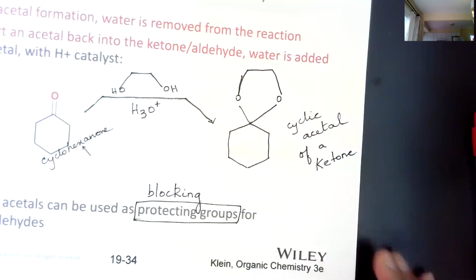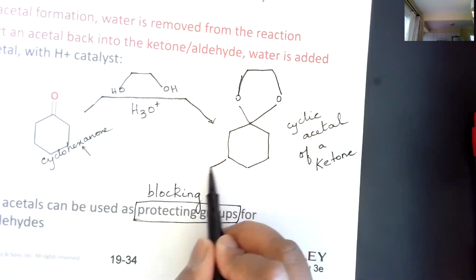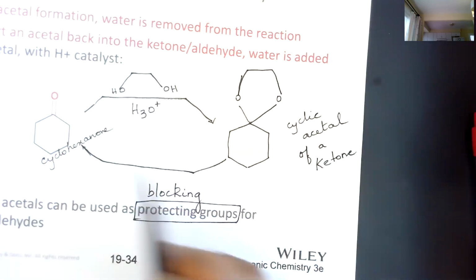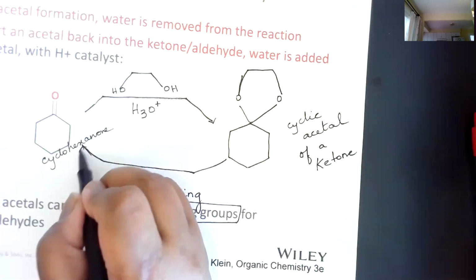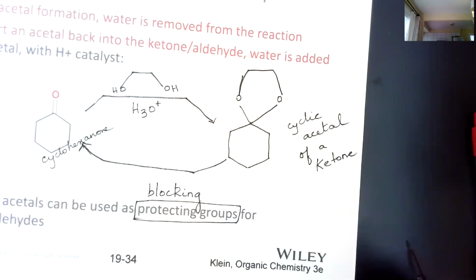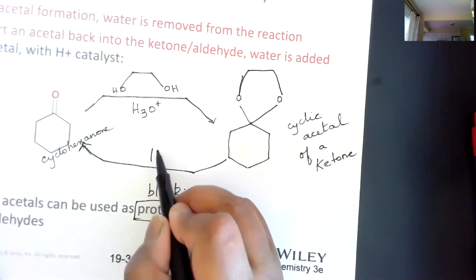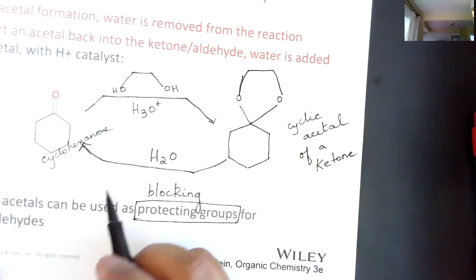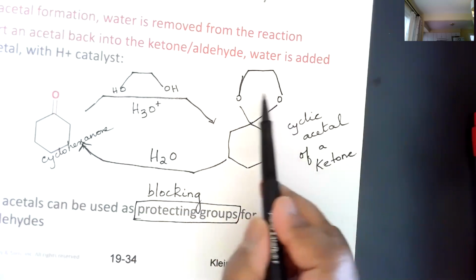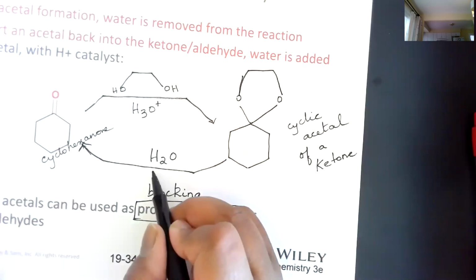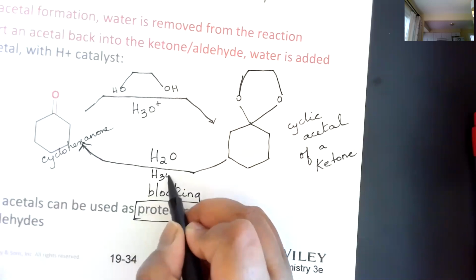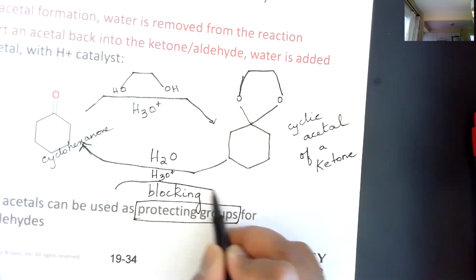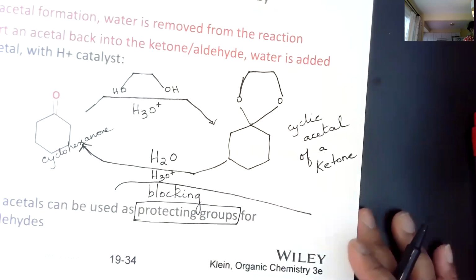Now you've blocked it. How do you remove it when the reaction is all done? It's very simple. We have not looked at the mechanism, but you simply use water to get the diol out. And then H3O+. Okay.